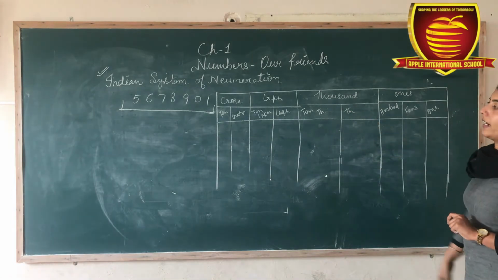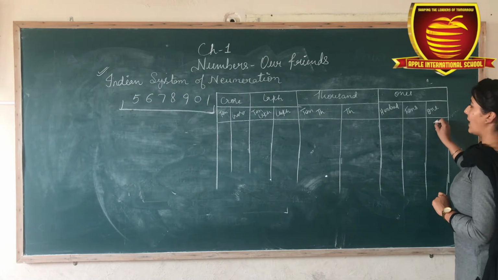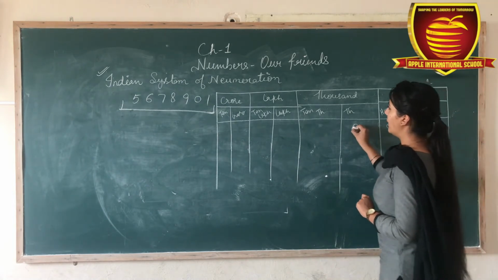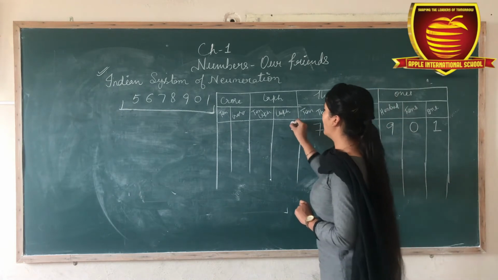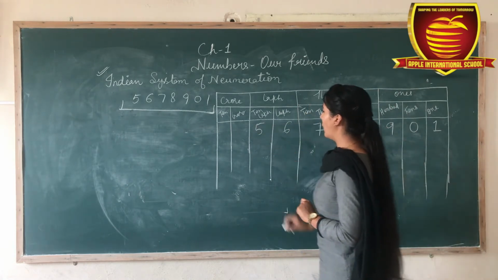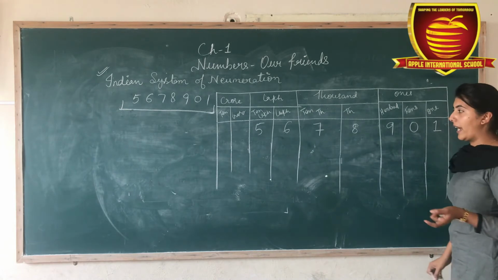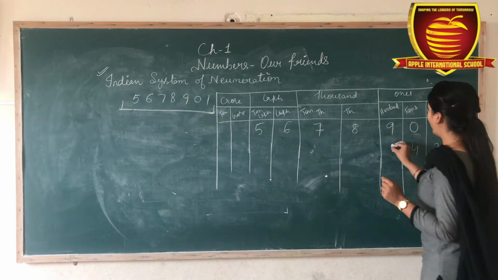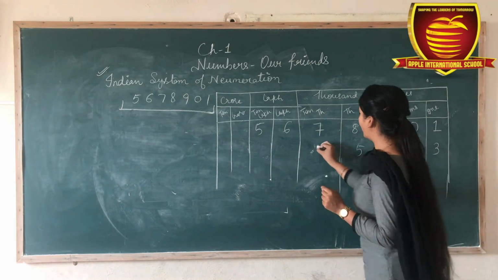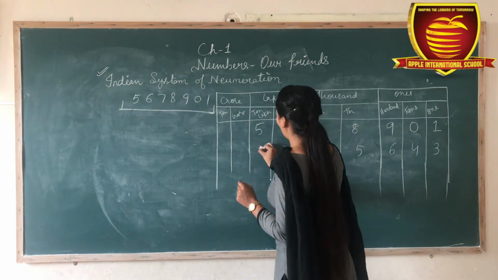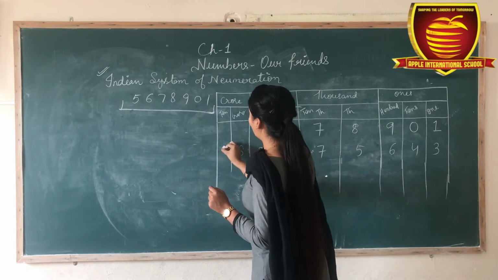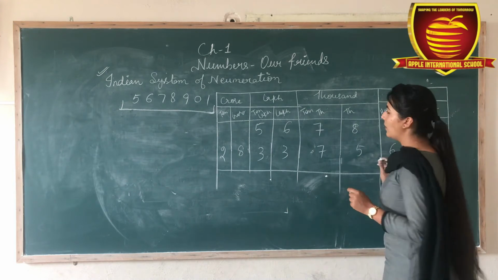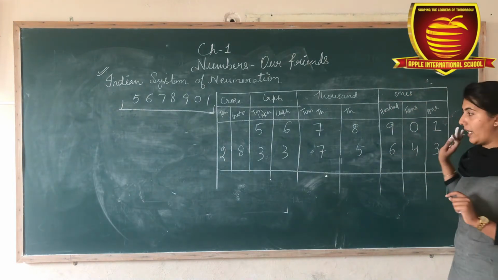Now here I want to write that number. So firstly I start from 1, 0, 9, 8, 7, 6, 5. Now I write one more number: 3, 4, 6, 5, 7, 3, 8, 2. Now how do I call these numbers?